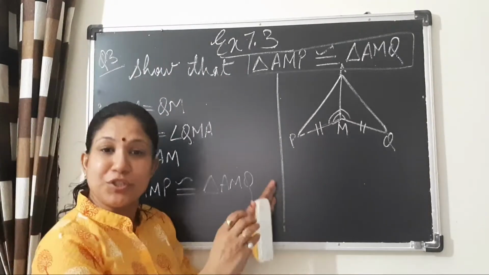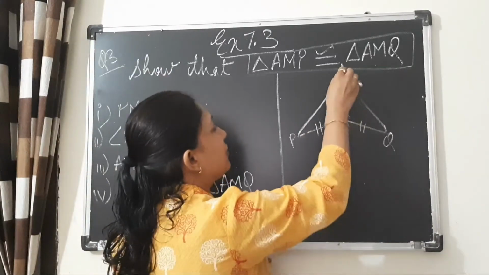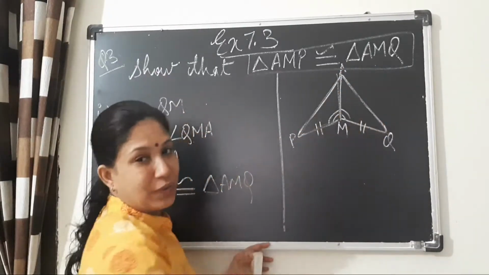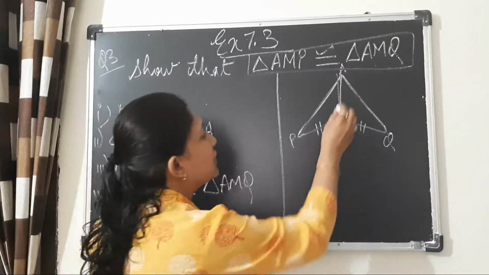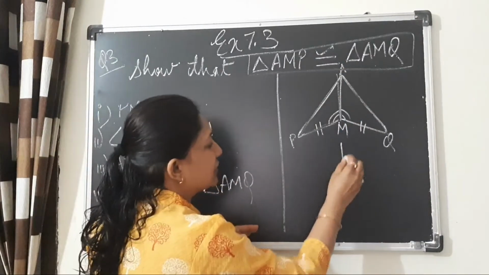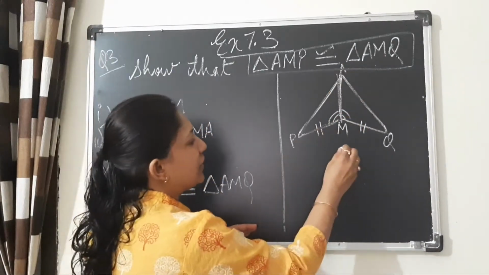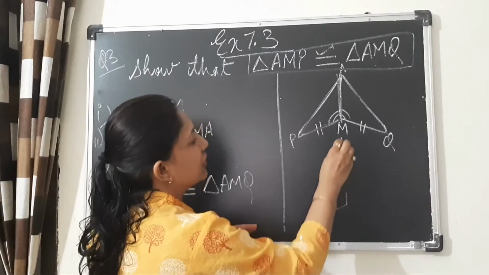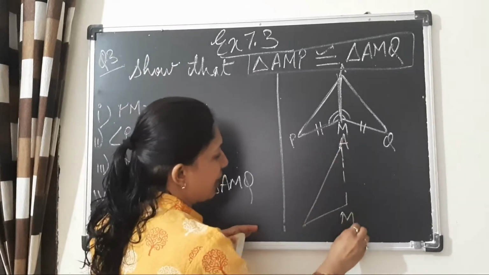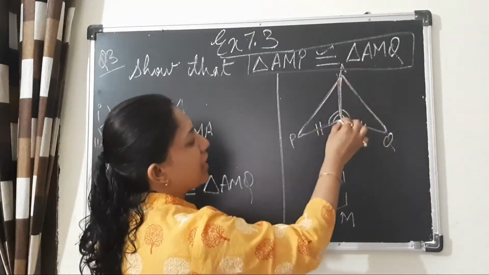Now here, you can see the figure is made of two joined triangles. Let us first separate the triangles. Suppose I separate here, this is AMP, and also the other one, AMQ.